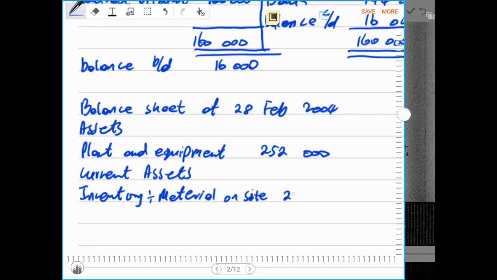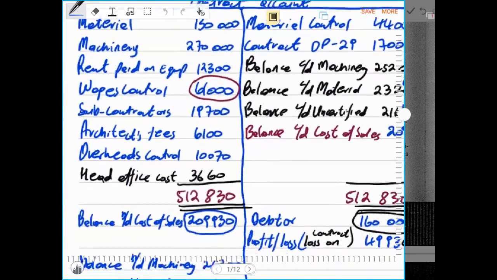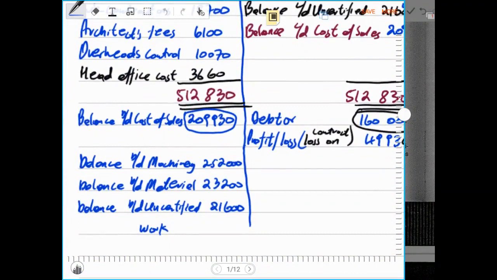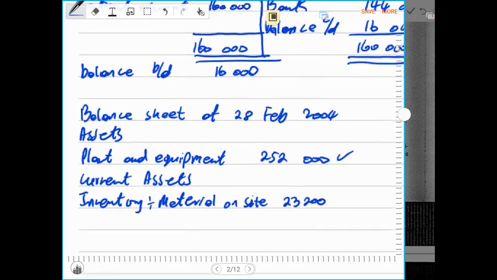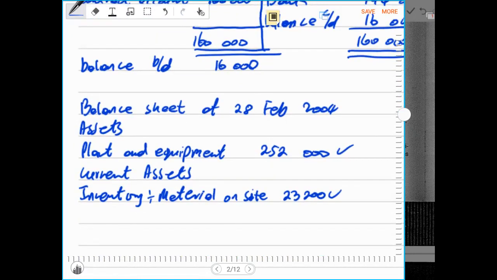The material on site was 23,200, from the contract account, balance of the material on site, 23,200. The machinery is 252,000 rands that we have recorded here. So now we have recorded material, which is under current assets.